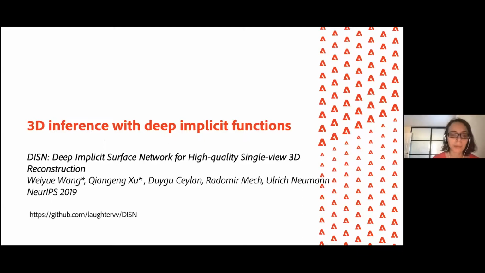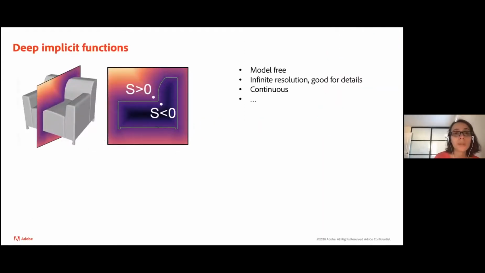reconstruction problem. In this case, as our 3D representations, we are using implicit functions. Just as a reminder, implicit functions are commonly used in graphics, and basically the idea is you define a function that defines the distance from a point in 3D space to the underlying surface, and the sign of it can tell you whether you are inside or outside the surface.